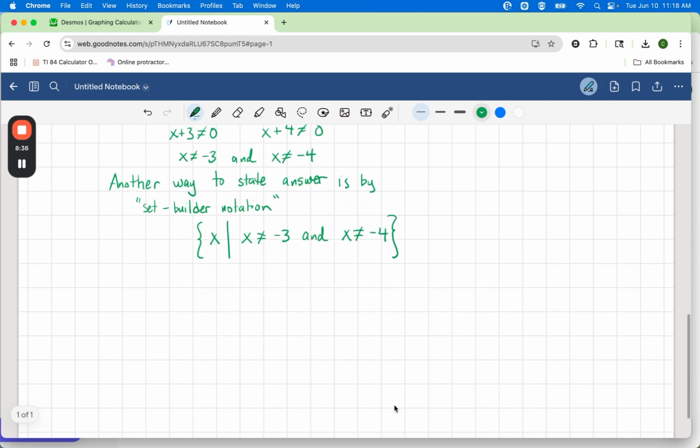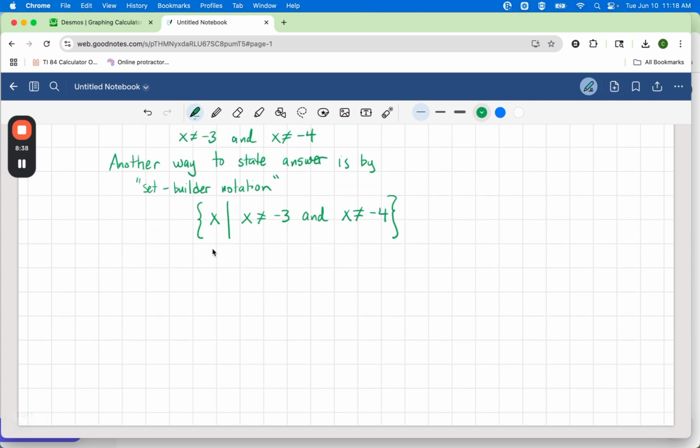So this says that the answers are x values, and the vertical bar means such that. And then you've got the condition over here. So the domain is any x value such that that x value does not equal negative 3, and that x value does not equal negative 4.